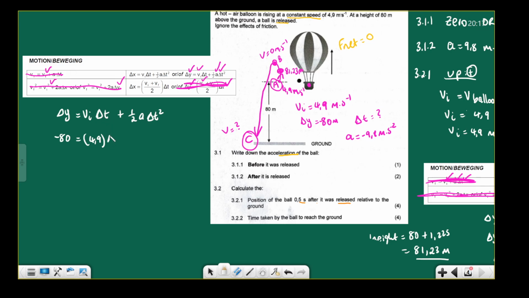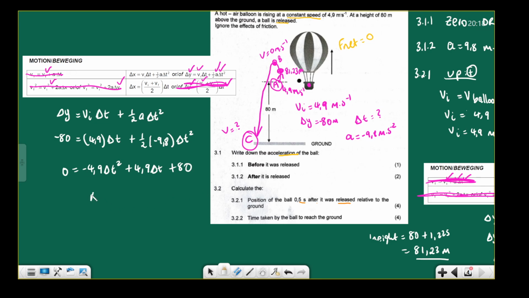The time is what we are looking for. And then acceleration, we know is negative 9,8. So now to get that time, guys, we'll say negative 4,9 change in T squared plus 4,9 change in T plus 80. Then you use the quadratic formula there.